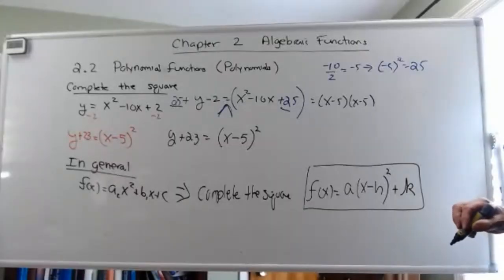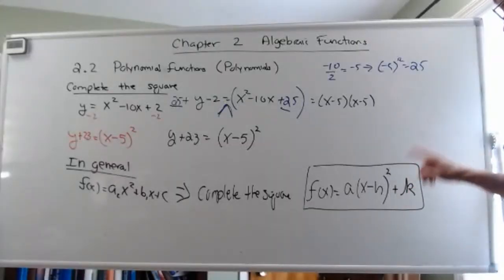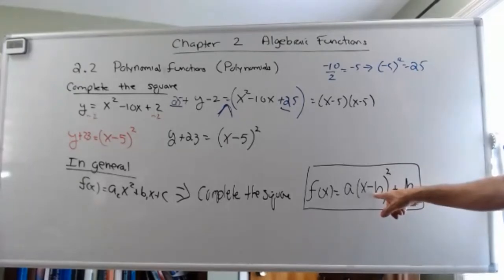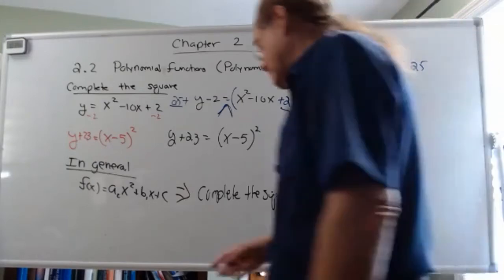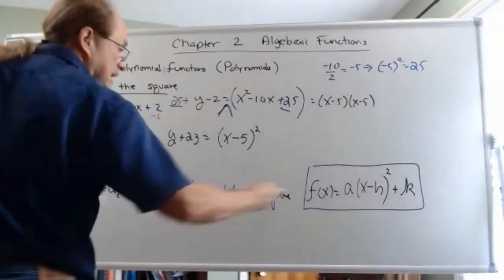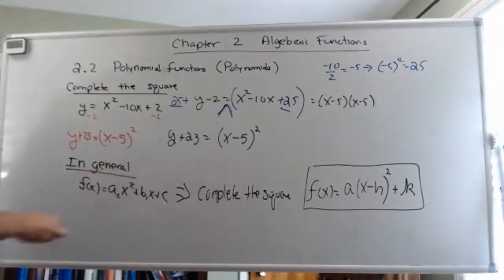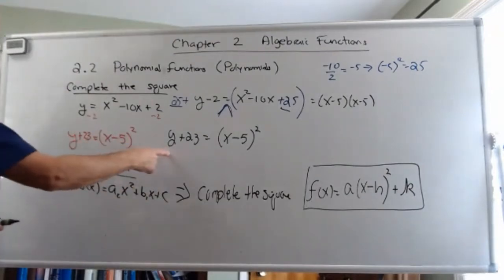Now this is the standard form, if you will, of a quadratic polynomial function. Now, these numbers, h and k, as well as a, are important and they have a certain meaning. So let's explore that meaning of those. Let me show what I mean by that.